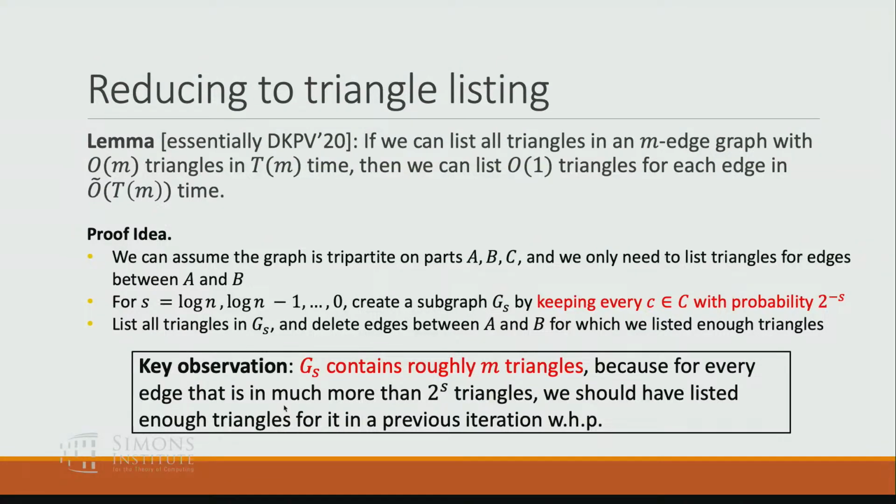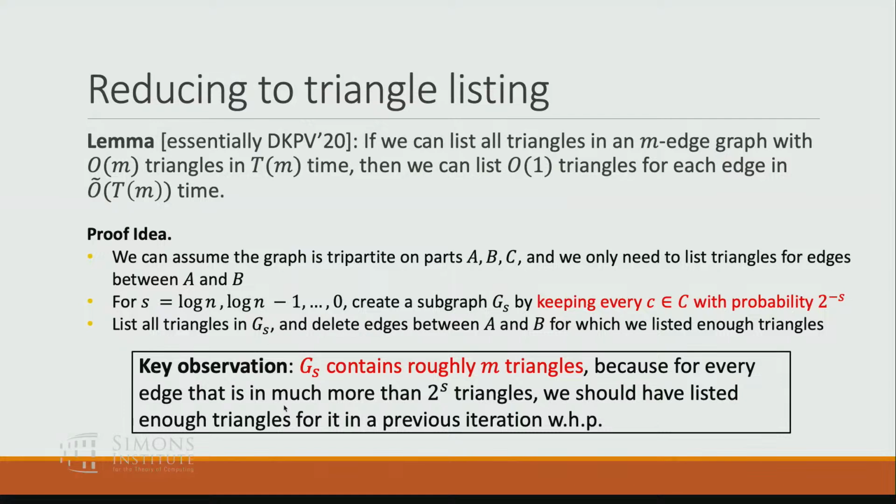So how do we show that G_s contains roughly m triangles? For every edge that is in much more than 2^s triangles, it's likely that we have listed enough triangles for it in a previous iteration. Suppose some edge AB is in 2^s times log m triangles.